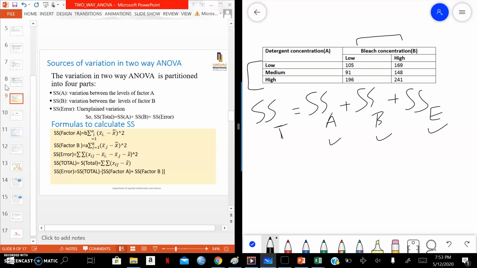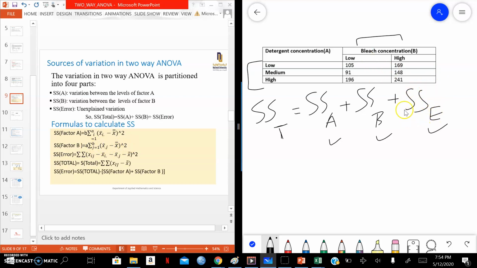So how do you get SSA, or sum of the square of factor A? This is the formula you use to get the sum of the square of factor A. So for sum of the square of factor B, you can use that formula. Now it is not easy to get the sum of the square of the error.